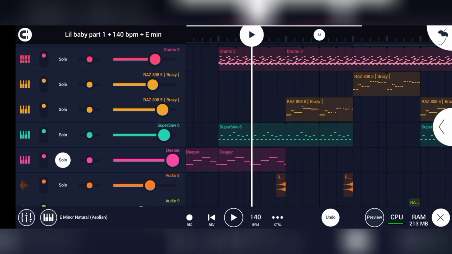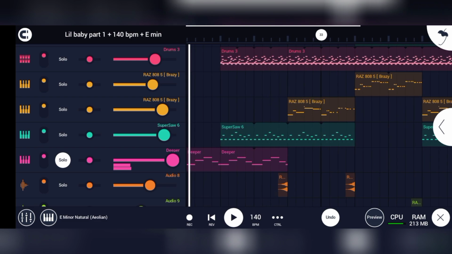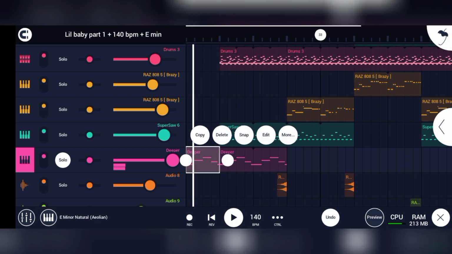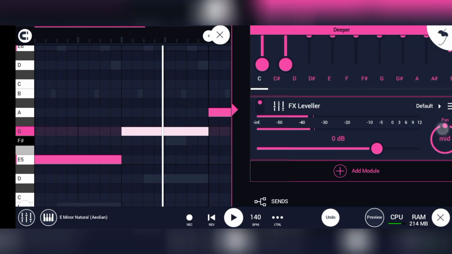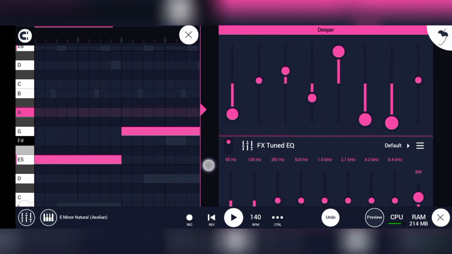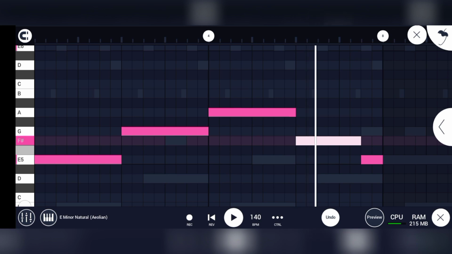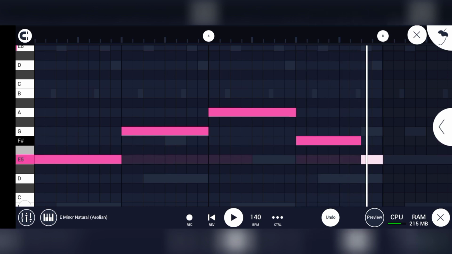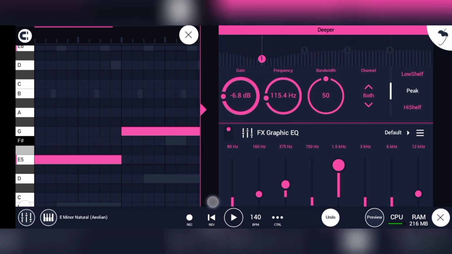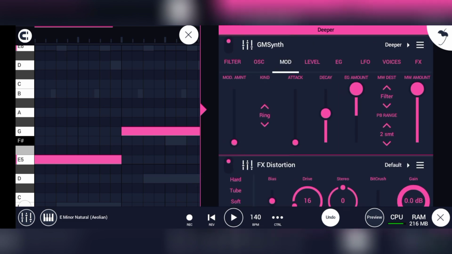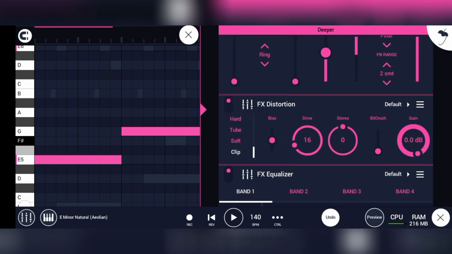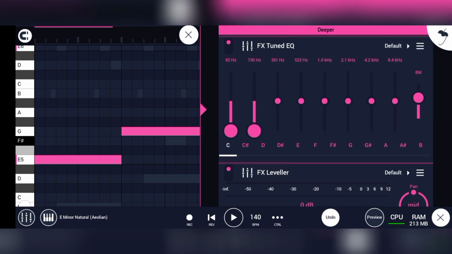Then after the melody, I went straight to the bass. For this bass, man, all I did was to add the distortion because some of this bass is not that audible.